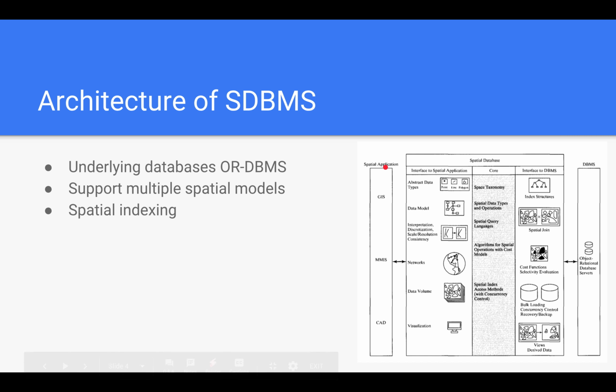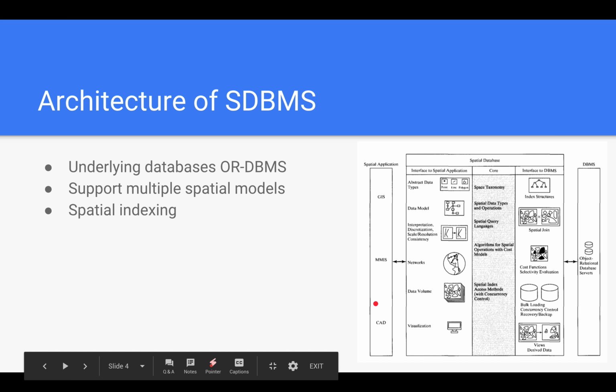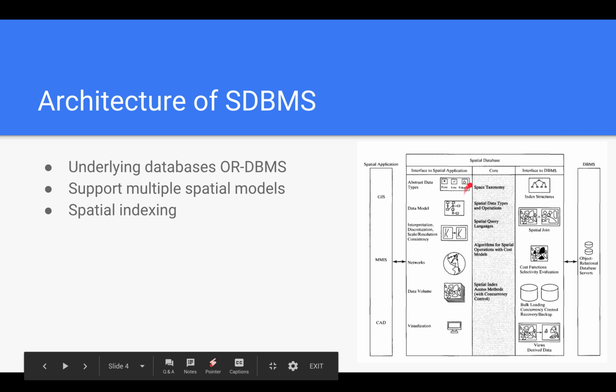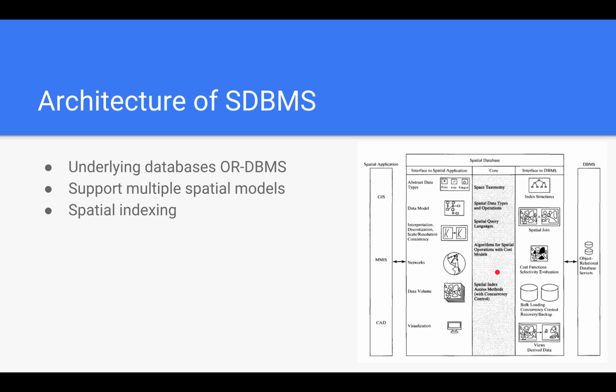The application layer doesn't directly interact with the object relational database, and the middle layer here contains a spatial data model, abstract data types, query language, spatial indexing, and some efficient algorithms for query optimization.